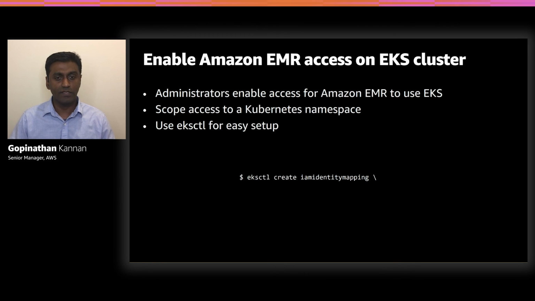Now, to make all this easy, we worked with our partners in EKS to update eksctl. To set up the cluster for EMR access, you simply provide the cluster name, the namespace, and pass EMR containers as the service name.